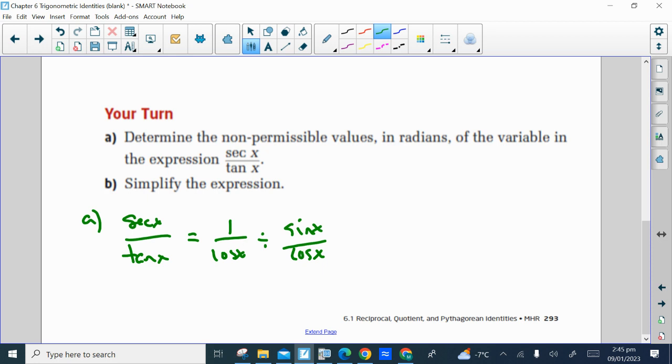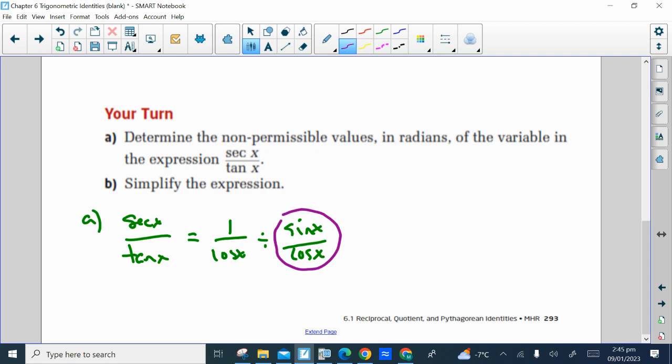And so when you look at it like that, it looks like we have only one denominator, and that is cosine x. However, that first expression, 1 over cosine, is divided by all of sine x over cos x. So because of that, not only is cos x a restriction, but also sine x.